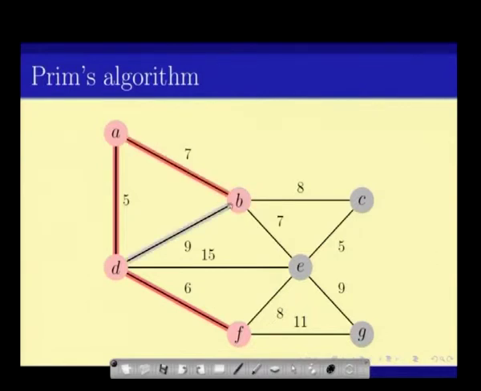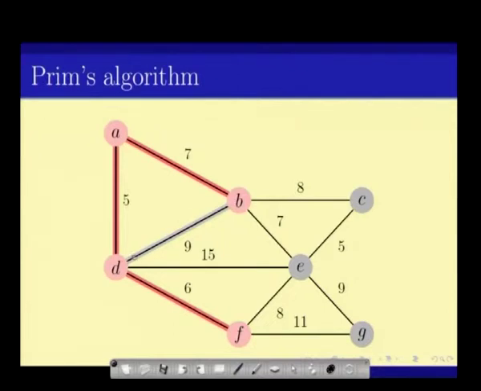Once I pick this edge 7, this vertex becomes red, and then all the edges between this vertex and any other vertex which is already colored red are basically blanked out or marked not possible. In other words, we go over all the edges of B and remove those going to red vertices, because they will never come in the picture.